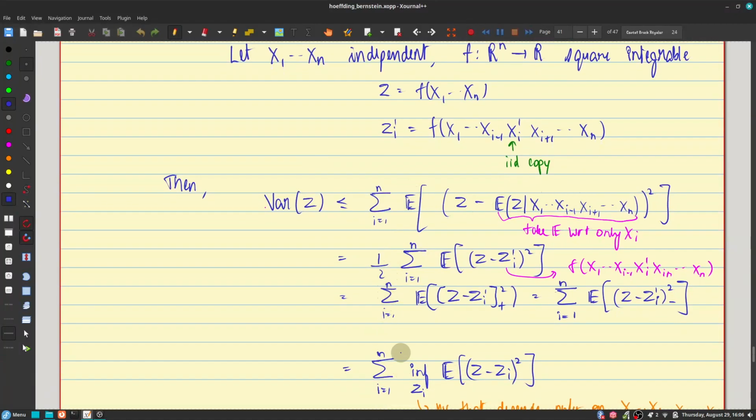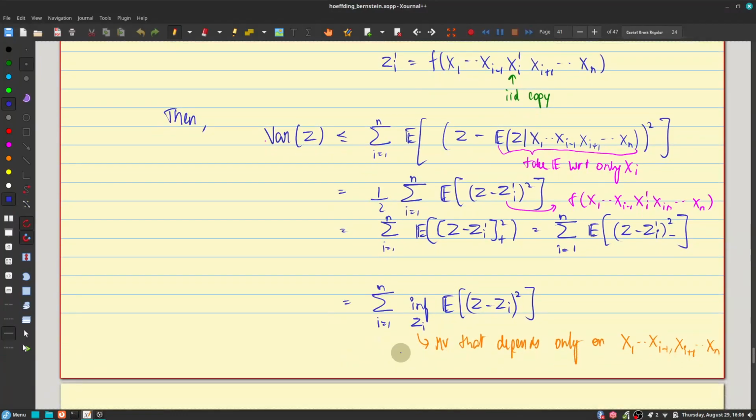This can be upper bounded in a number of equivalent forms, right? So in itself, the Efron-Stein inequality is not particularly helpful. It's sort of like what we had with Markov's inequality. But in many cases, if we impose additional constraints on the function, if we assume that the function has some more structure, then it turns out that we can in fact prove exponential tail bounds for functions as well.